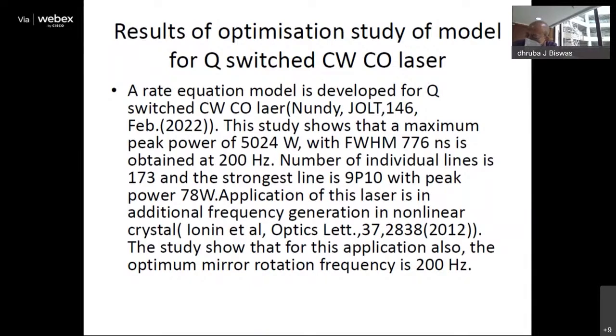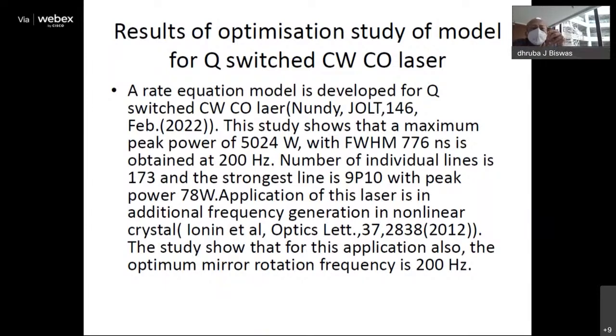Here we can get a figure of merit from this study. If n is the number of lines lasing and p is the power of the strongest line, multiplying these gives a good figure of merit.